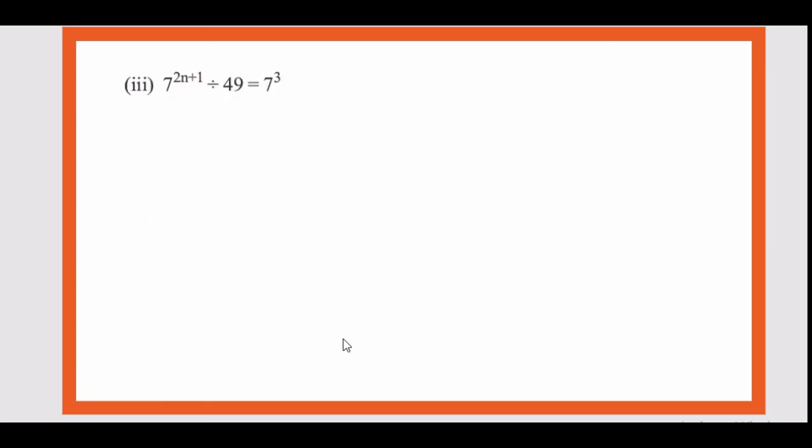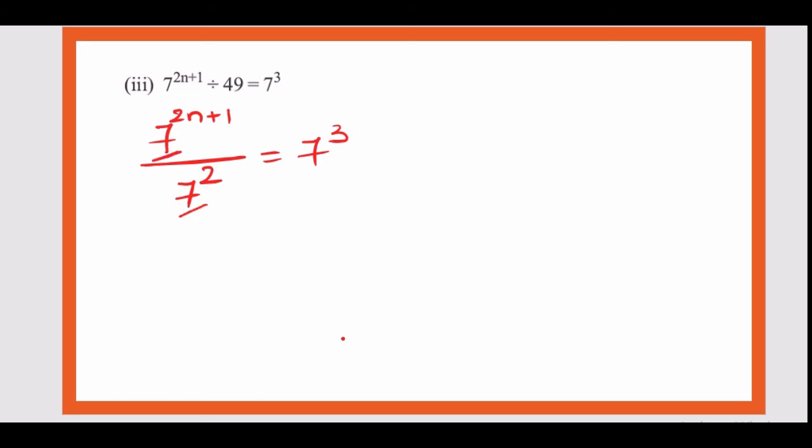Next, moving on to one more question. So first write it in the normal form. So 7 power 2n plus 1 divided by, how can I write 49? So 49 I can write it as 7 square, is equal to 7 power 3. Now if you observe, this is nothing but division, right?